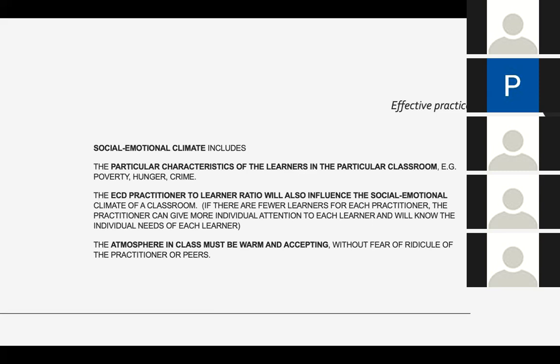Because the children in this area need something different. They need more security. They need to feel more connected. They need more comfort from the environment. There probably needs to be a feeding scheme in place. So the needs of the children in the area dictate how you create the space.